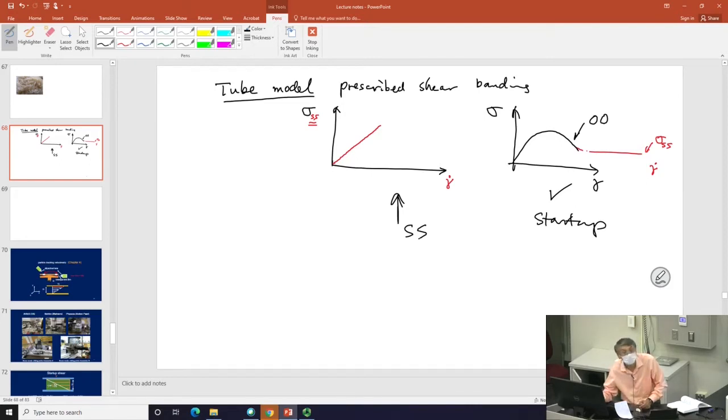In fact, I can even give you a hint. You are bound to find this as long as your shear rate is lower than 1 over tau, which implies Wi is smaller than 1 on this side. So what is that? What is this being proportional to shear rate linearly?